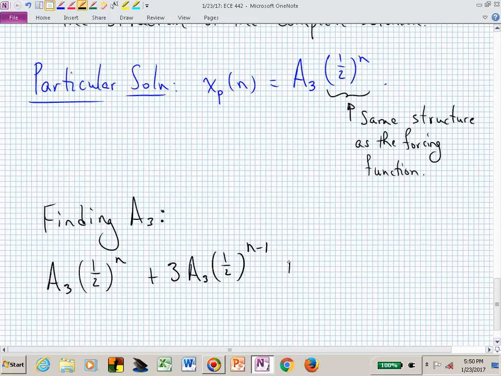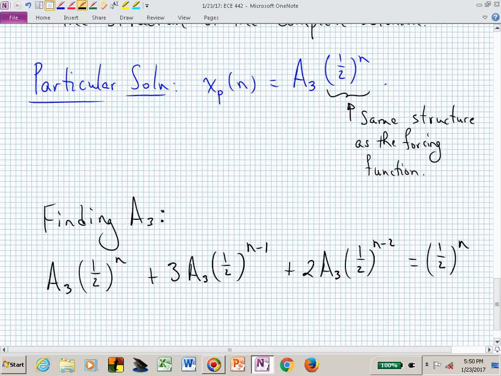Plus 2 a sub 3 times 1/2 to the n minus 2, and that's supposed to equal 1/2 to the n. And this needs to be true. A sub 3 needs to satisfy this for all values of little n.